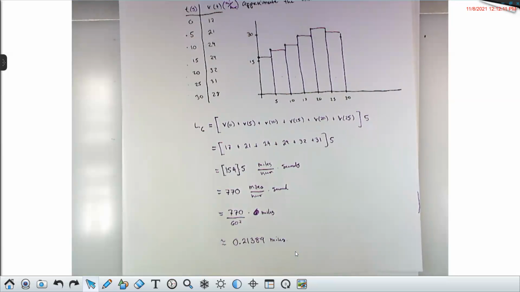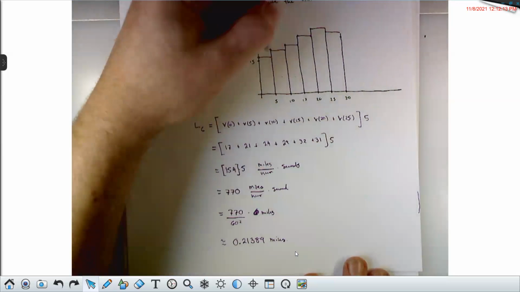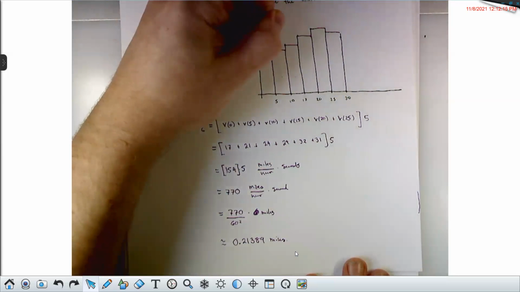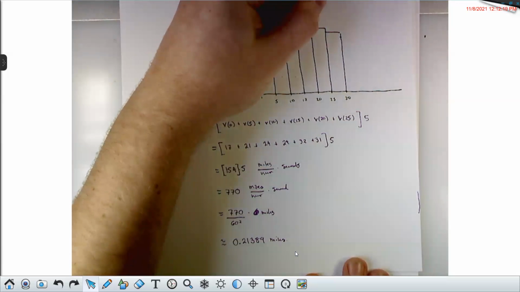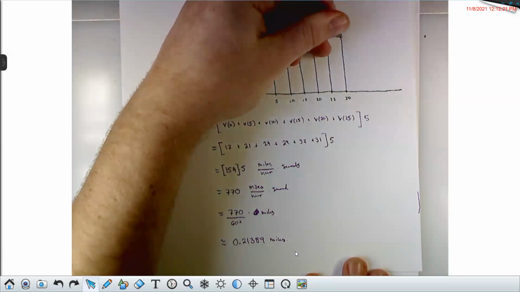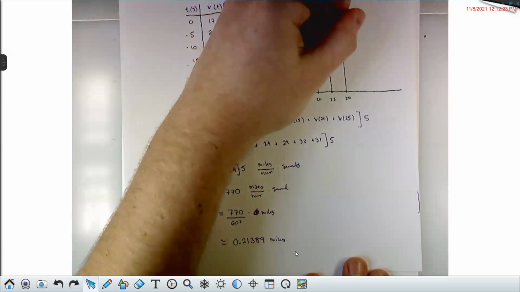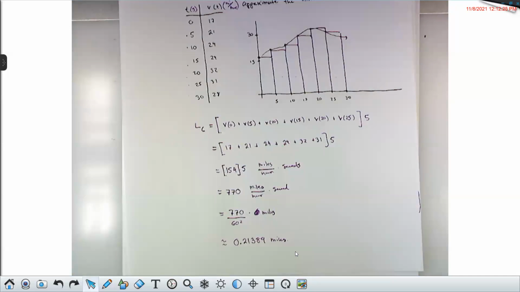And if we think about the curve that might fit this data, assuming that it is a reasonable curve, not something crazy, maybe something like this, it appears most likely that this is an underestimate, because it looks like, if I connect these dots with a somewhat reasonable looking curve, which velocity curves usually are, that we spend more time with these rectangles underneath the curve than we do above the curve.